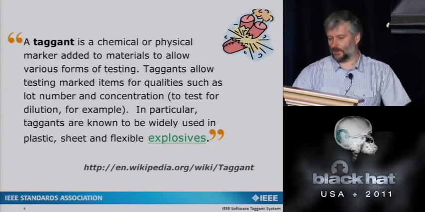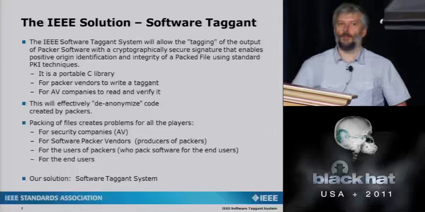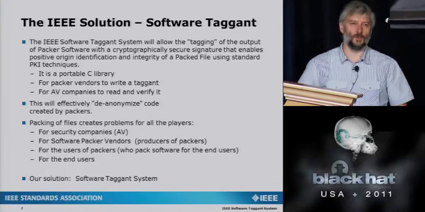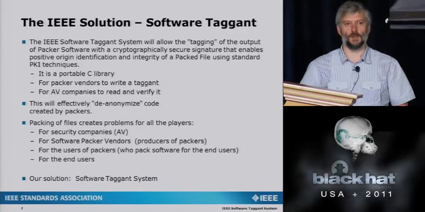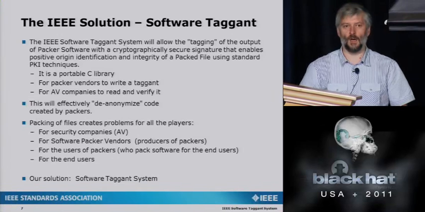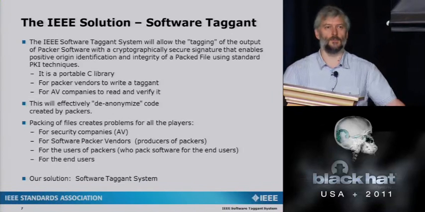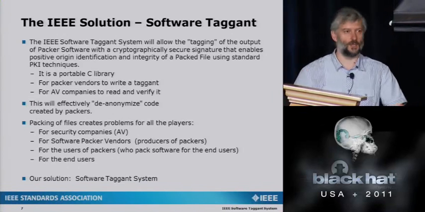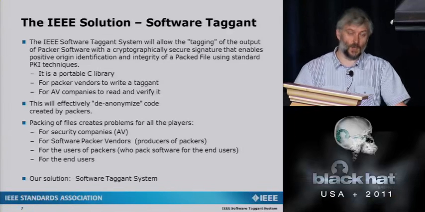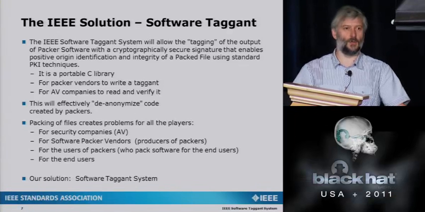So what is a software Taggant? It's a solution to the problem Mark described, the cheap form of software polymorphism created with packers. A software Taggant allows marking an executable by putting a digital signature inside it, injecting it after the packing. And this digital signature would allow us to pinpoint the origin of that particular executable.